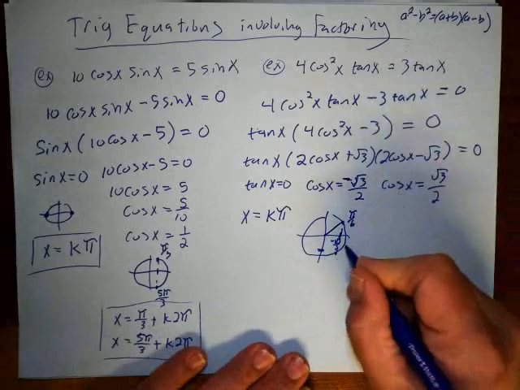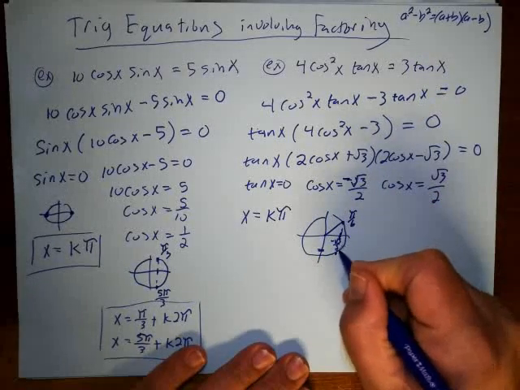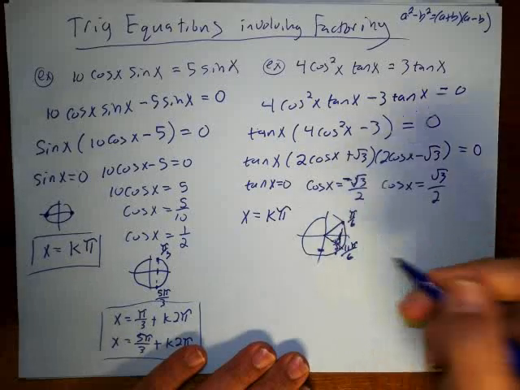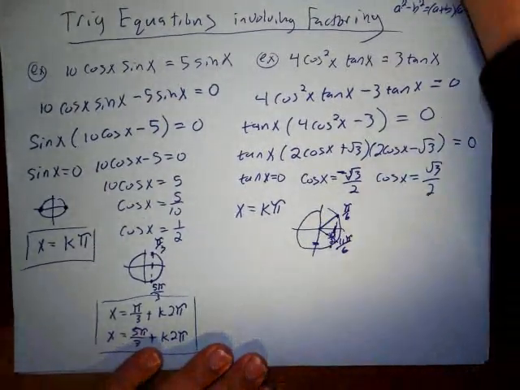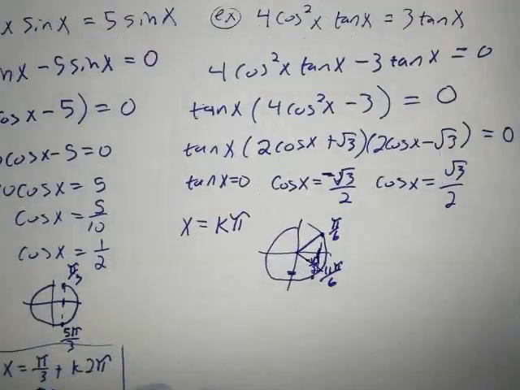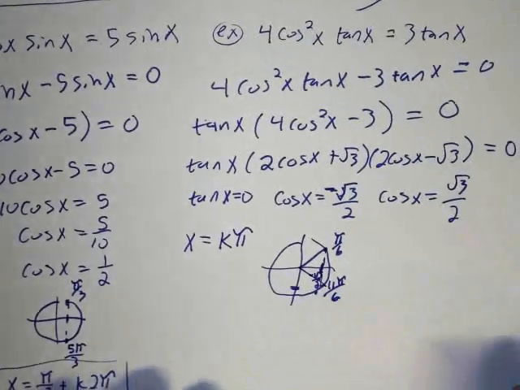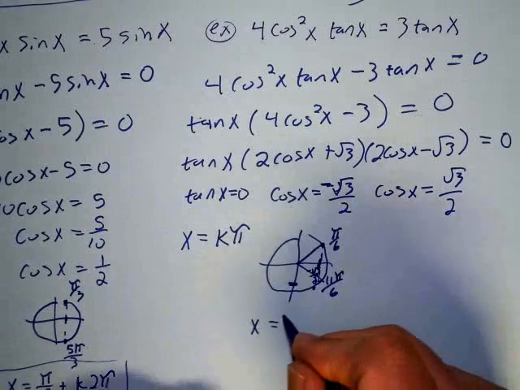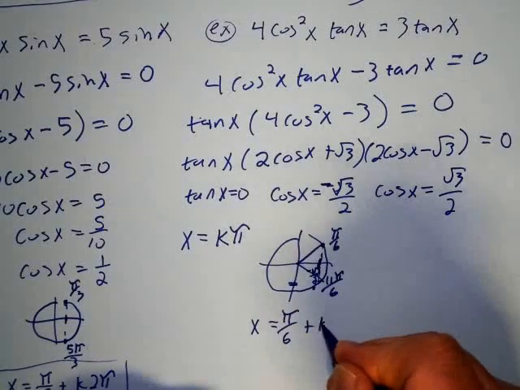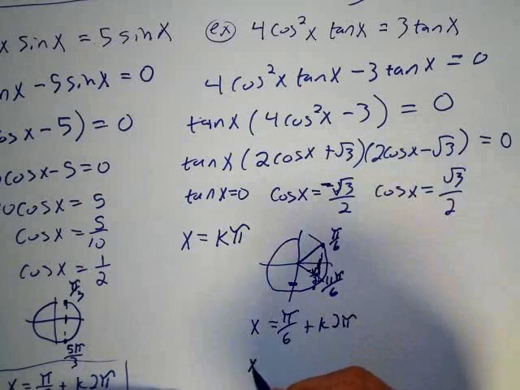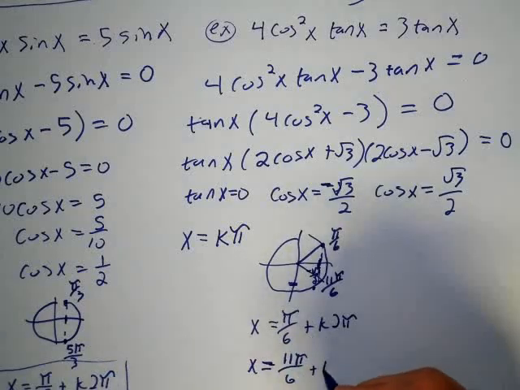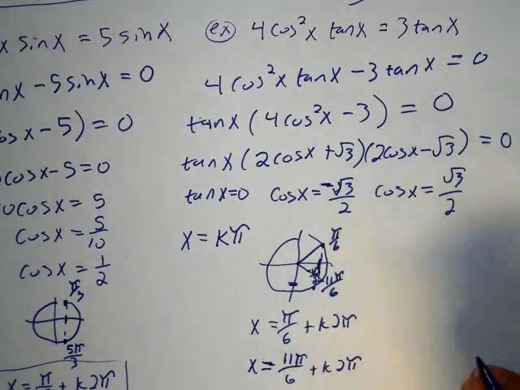Okay, and then this one over here, the one down here would be like 11 pi over 6. That's kind of hard to see, so maybe I can zoom in on this equation now. And so what I get is, for this one, x is equal to pi over 6 plus k times 2 pi, and x is equal to 11 pi over 6 plus k times 2 pi.